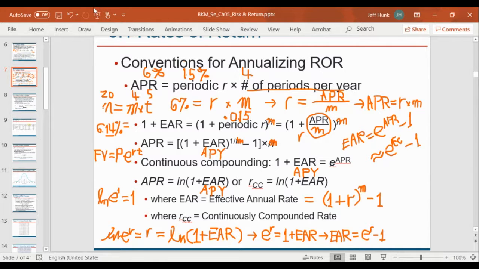Our question is, do we use APR or APY? Basically, APR is exactly equal to the natural log of 1 plus APY.